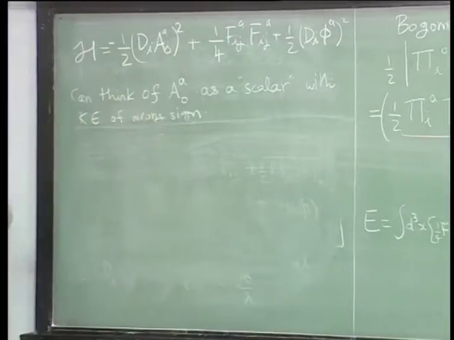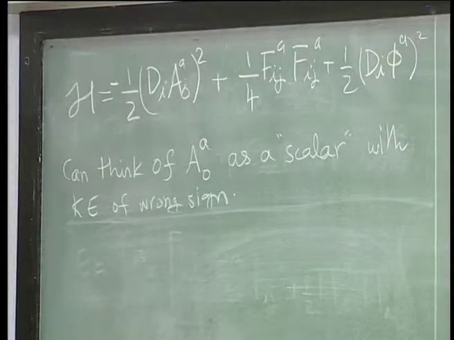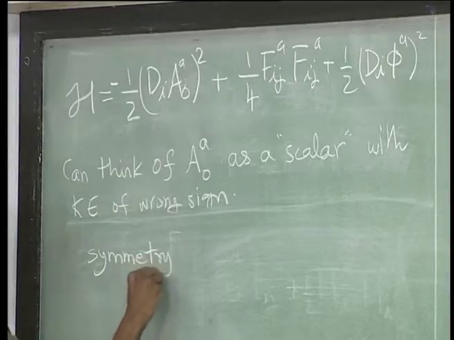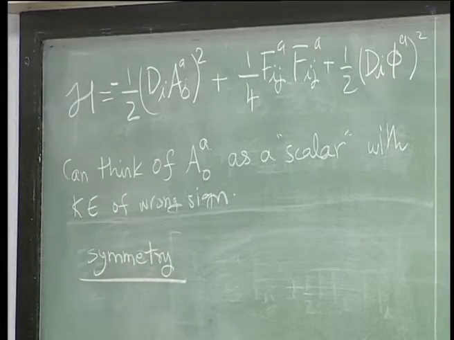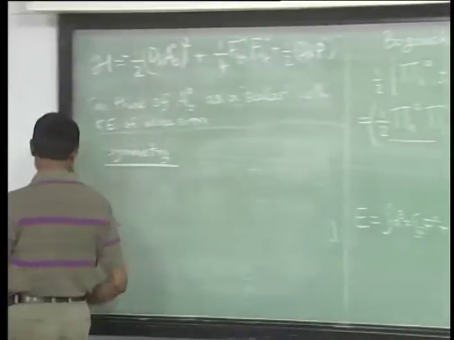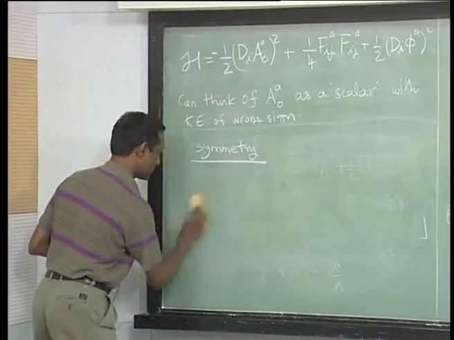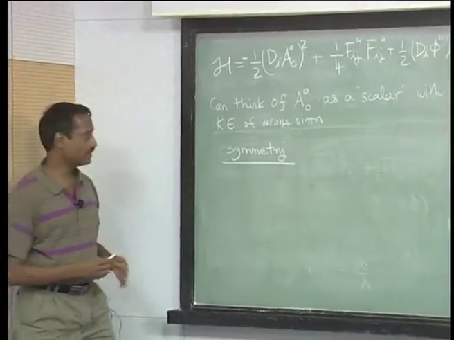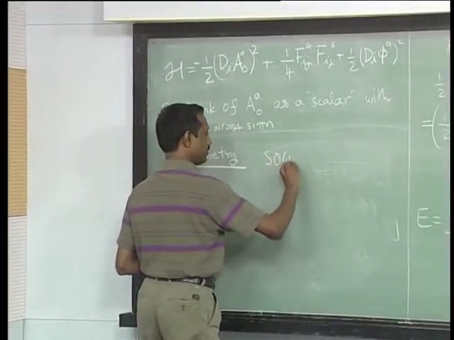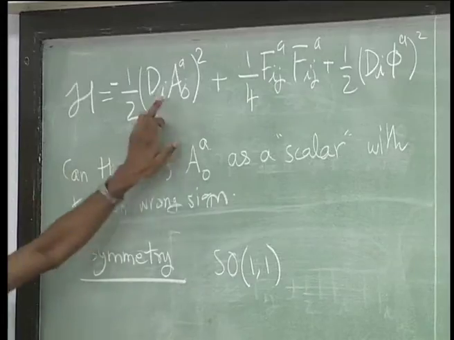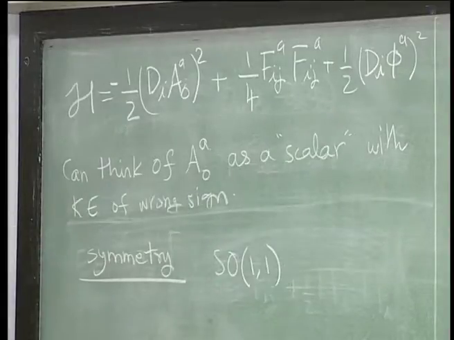So just looking at this, we can see that there is a symmetry of the following kind. We are not looking at the most general configurations, we have all these conditions put in. But in that limit things look rather interesting. I can think of a boost symmetry, an SO(1,1) kind of symmetry, which rotates these two. Note both of them are adjoint in the same representation, that is very important.